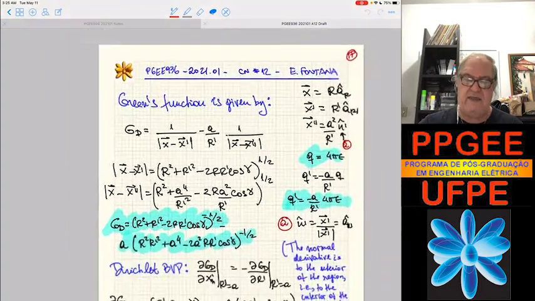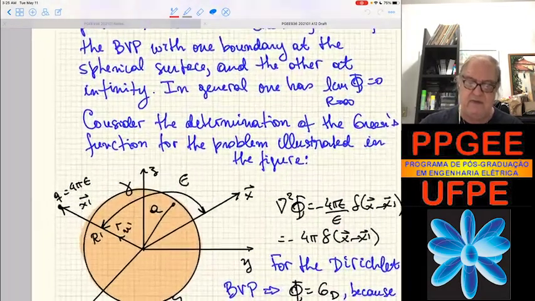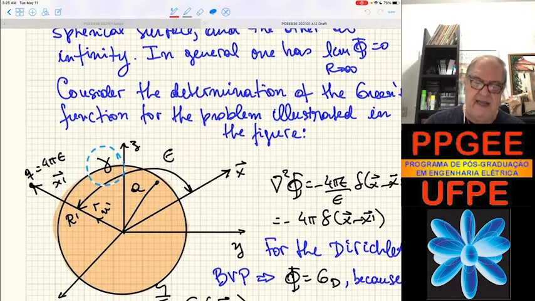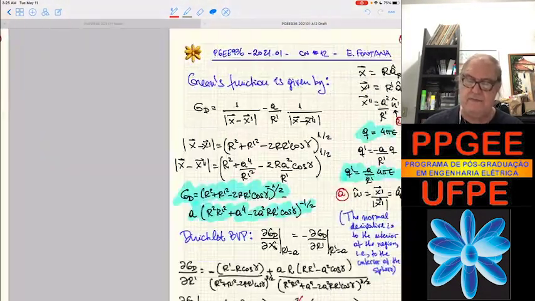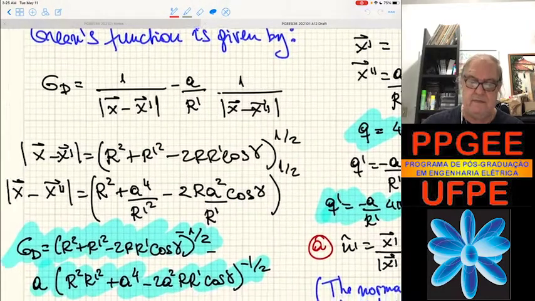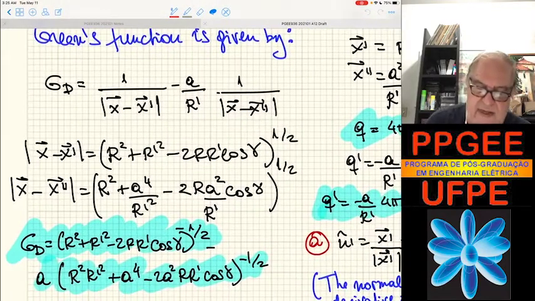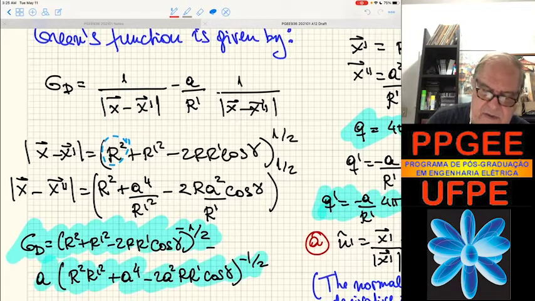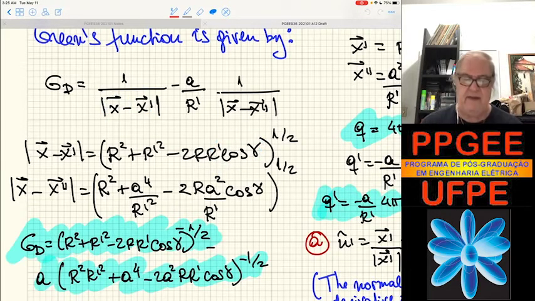Looking at the geometry here, gamma is the angle between x and x prime, so we have to calculate those magnitudes: square the first, square the second, 2 times the dot product, and the cosine of gamma.